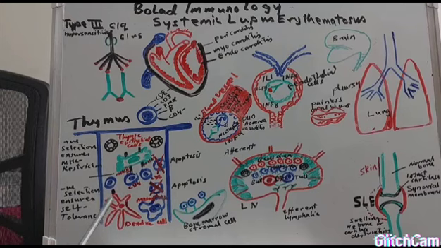And here, if they recognize the self-antigen as self, in association with self major histocompatibility, they will be saved. But if they fail to recognize the self-antigens, they will be killed by apoptosis, and this is known as negative selection.